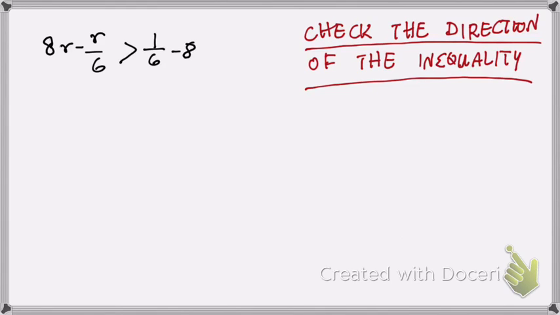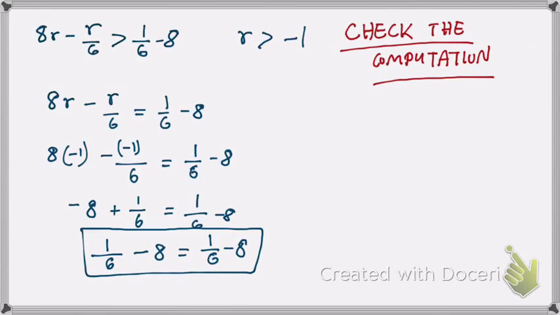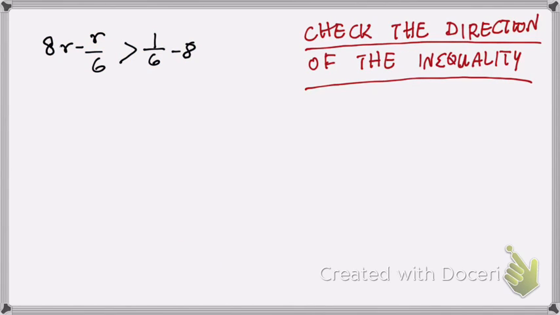We found that the solution is r is greater than -1. So when r is greater than -1, what can r be? R can be 0, right? R can be 1. So let's try 0, let's try 1.